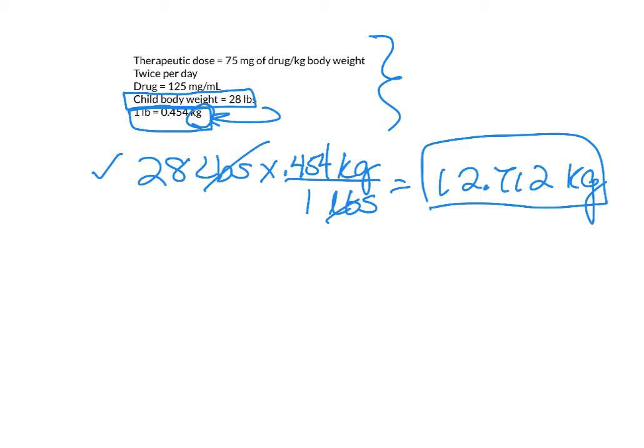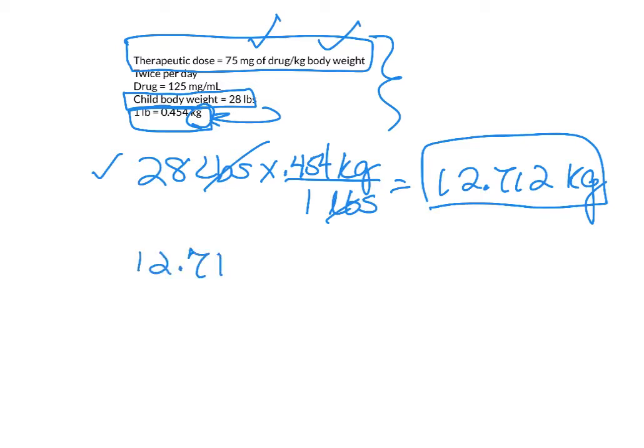And so I'm going to use the information that tells me how many milligrams of drug I need per kilogram of body weight. You can do this in one continuous long calculation too. I'm doing it in separate steps now just to make it more evident what I'm doing. All right, so again, you need kilograms in the denominator so your units cancel.